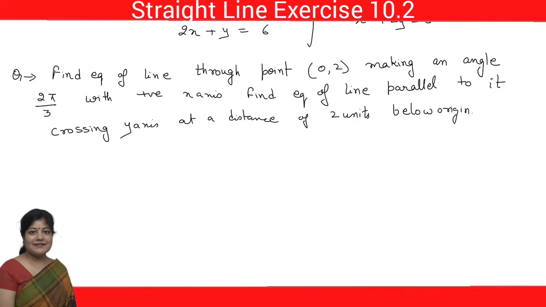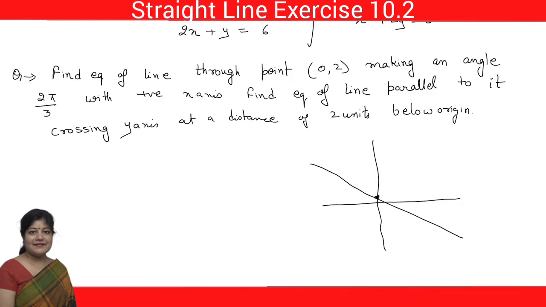Firstly, read the question and try to understand what is given. Firstly, we find the slope. The line is passing through a point. Listen, what is given? 2 pi by 3, that is 135 degrees, passing through (0, 2).